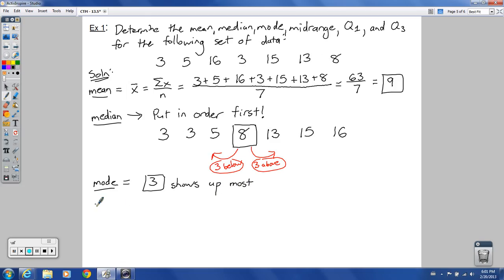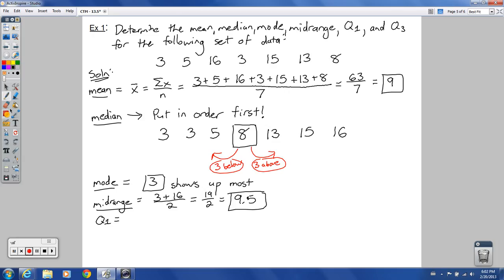The mid-range, you just take the first and the last value in your ordered set of data, that would be the lowest and the highest, add them together, and divide by 2. So we have 19 over 2, which is the same as 9.5. So that was easy. All right, Q1.